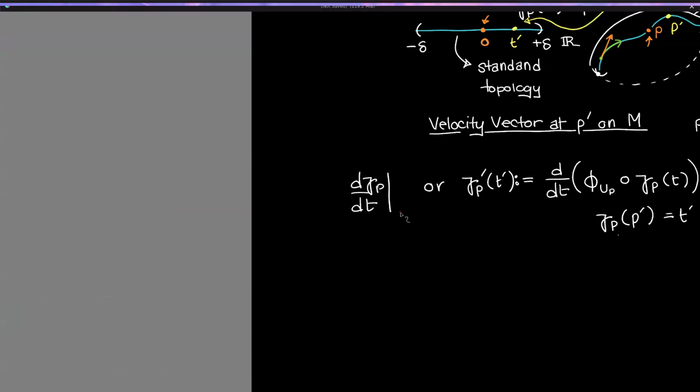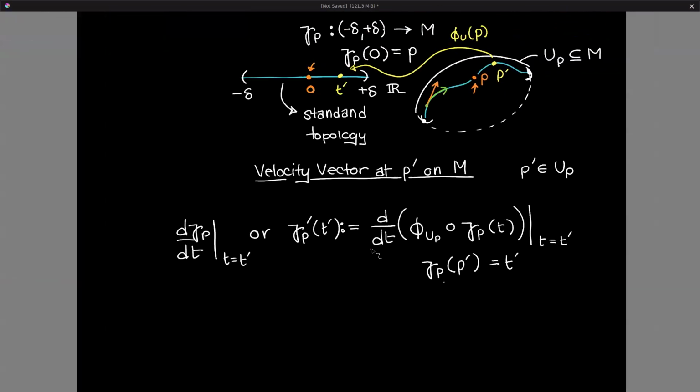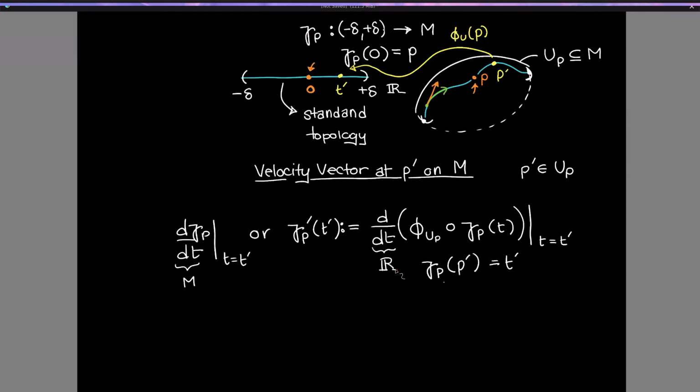But you have to be careful here, because this d/dt is not the same d/dt as this one. This is the one that we know and love, and this is a new one that we've defined. We've called it the same thing because it does the same thing on our manifold. But this is defined on M, and this is defined on Rn in general.